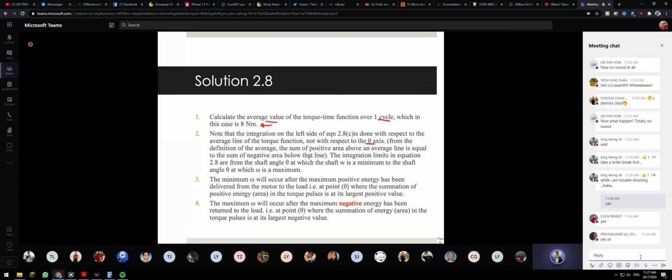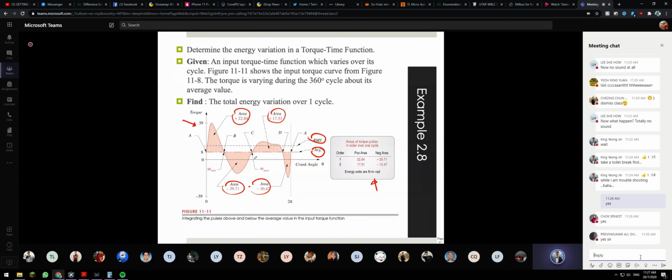The sum of the positive area above the average line is equal to the sum of the negative area below the line. So whatever we have here plus this one is equal to this one plus this one.